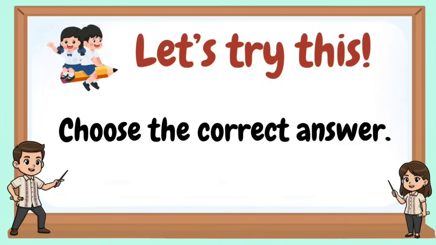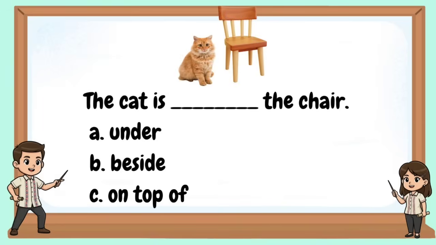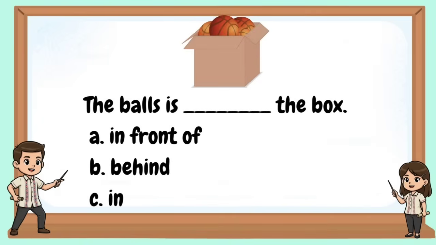Let's try this. Choose the correct answer. The cat is blank the chair. The ball is blank the box.